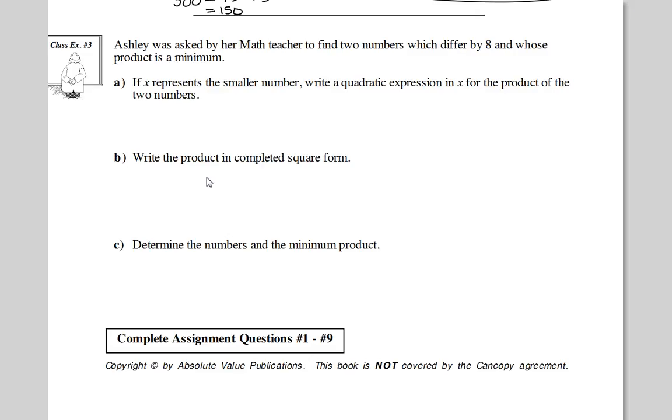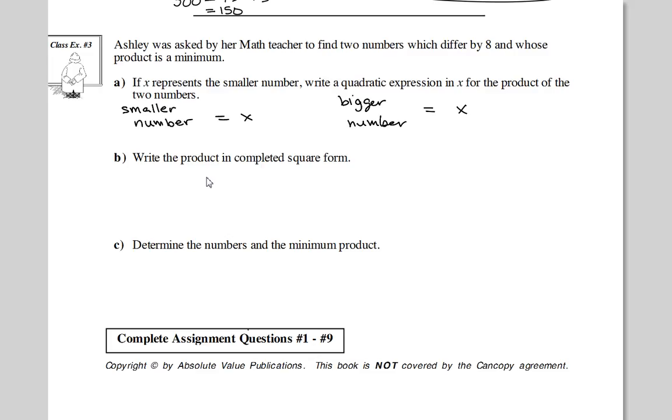Okay, it says find two numbers which differ by 8 and whose product is a minimum. So if x represents the smaller number, so smaller number equals x. And if they differ by 8, what would the bigger number be? And don't say y.